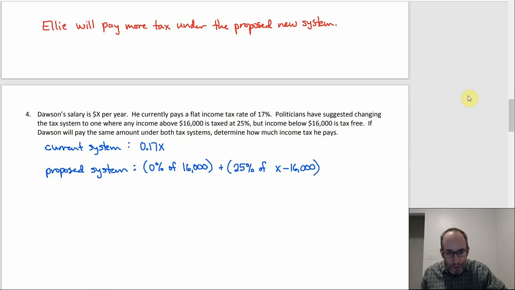So what we're going to end up with here is that this is going to be 0. I guess I could write that as just 0 times 16,000, but it's a 0, right? And then plus 0.25 times x minus 16,000.